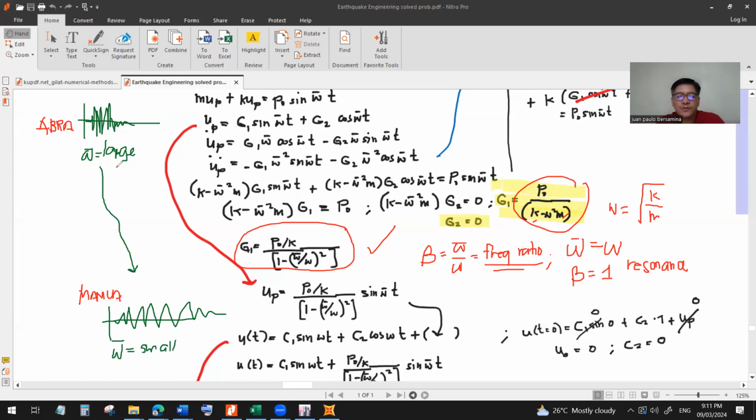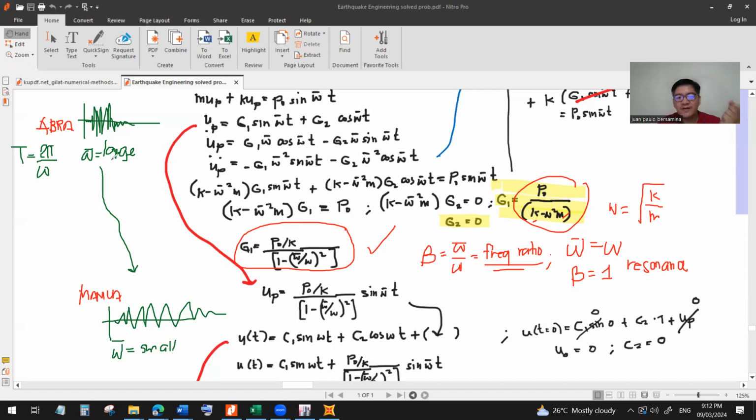Now, what is the relationship of omega, frequency, and period? From the formula, T is equal to 2 pi over omega, right? That's the formula. Therefore, it means that generally it's inversely proportional.